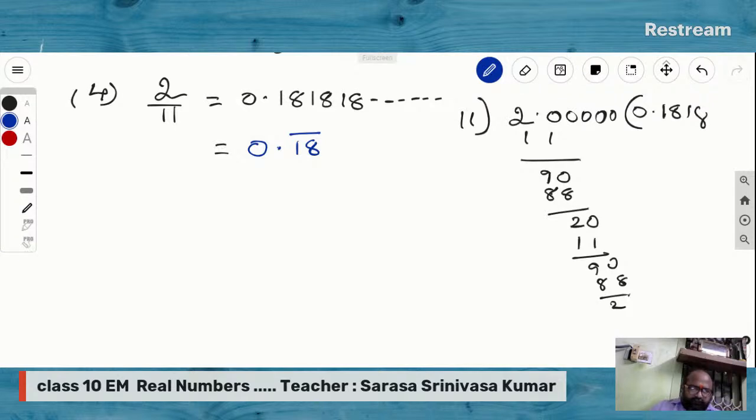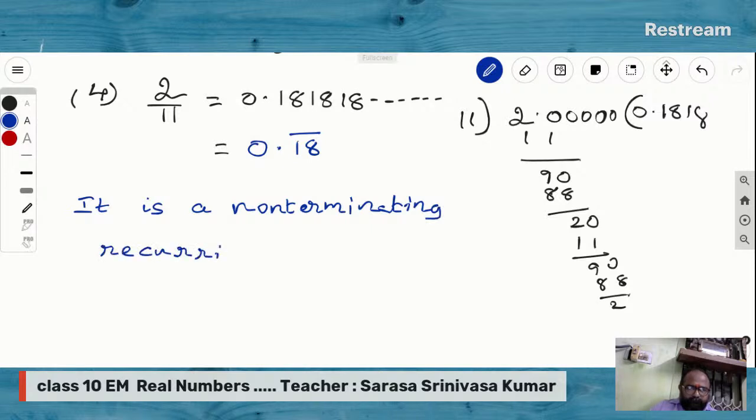So it is a non-terminating recurring decimal.